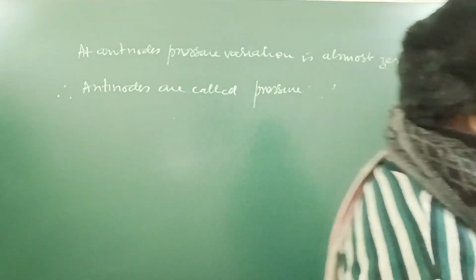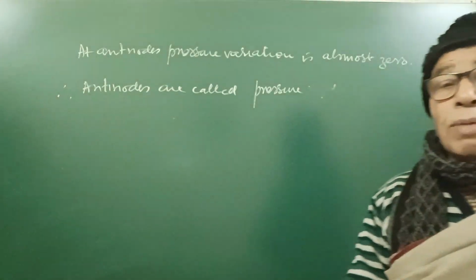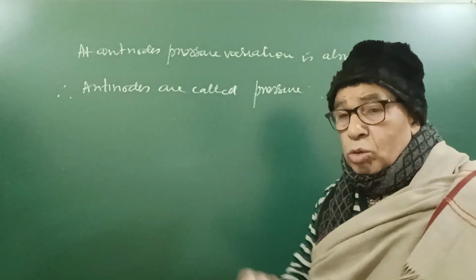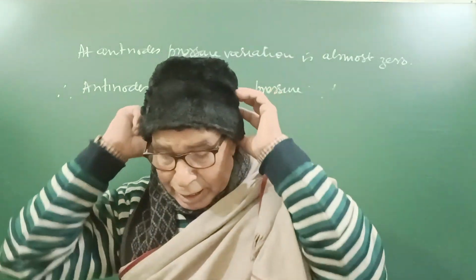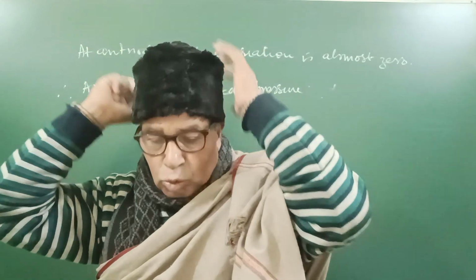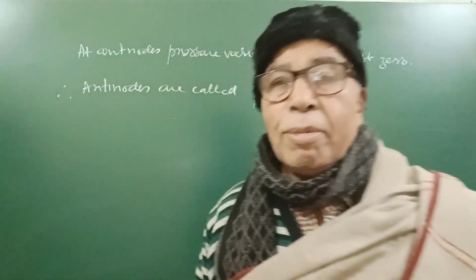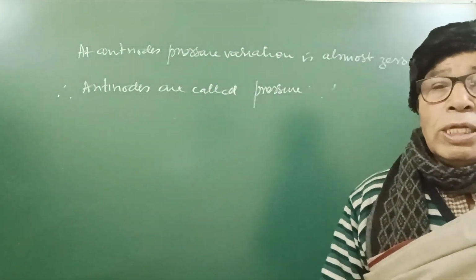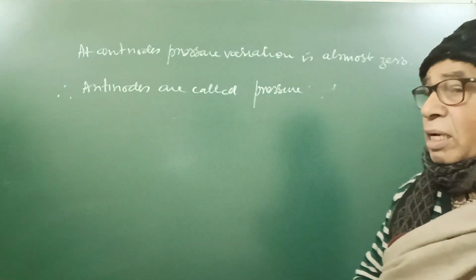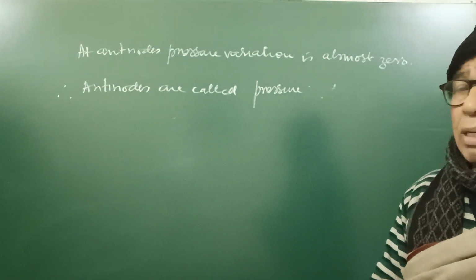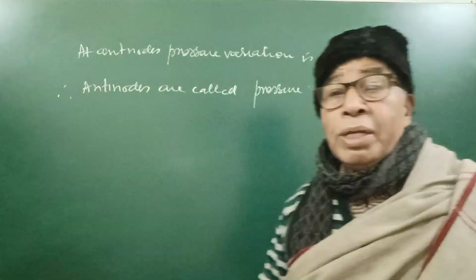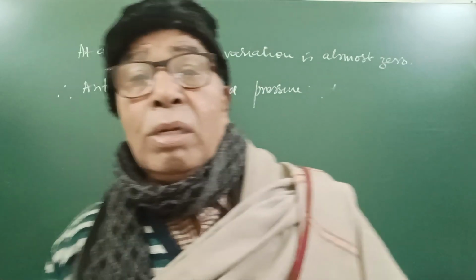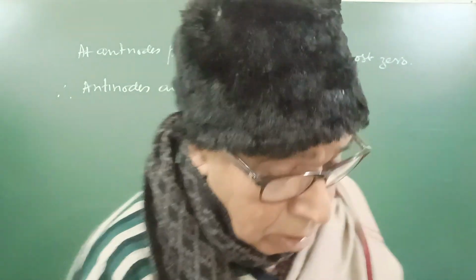They are called antinodes. The distance between two nearby nodes or two nearby antinodes is half of the wavelength, and therefore the distance between a nearby node and antinode is lambda by 4. So these are some simple facts. In the next video I will take up how to obtain the equation of a standing wave. Please wait for that. That is very important to understand.